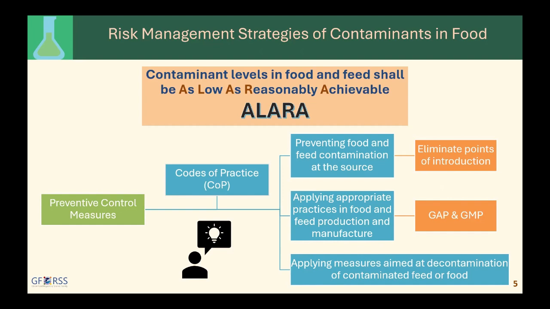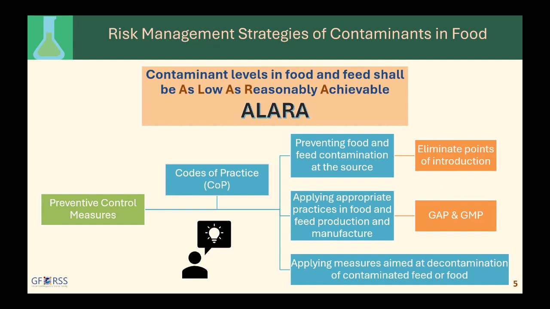Applying appropriate practices in food and feed production and manufacture. As we said, a lot of contaminants are introduced through manufacturing steps and production steps. Let's try to optimize those manufacturing and production steps. Mycotoxins, their production is exacerbated because of storage conditions. Let's try to improve those storage conditions.